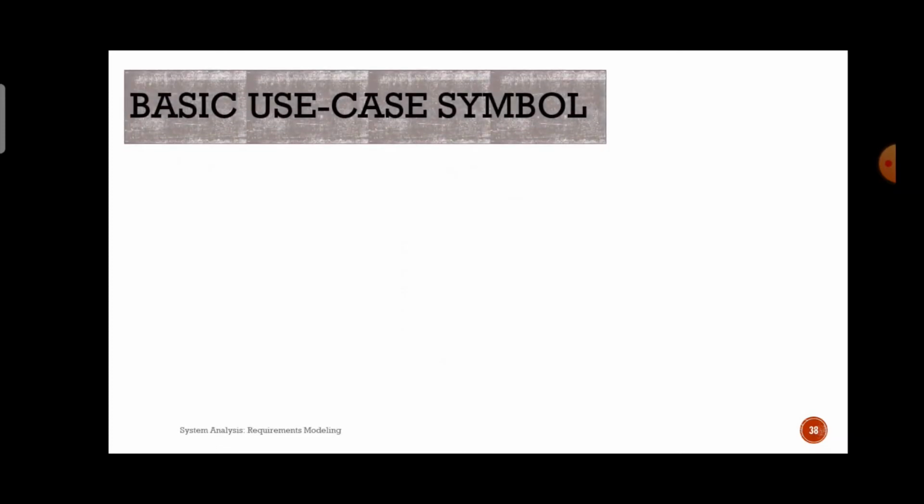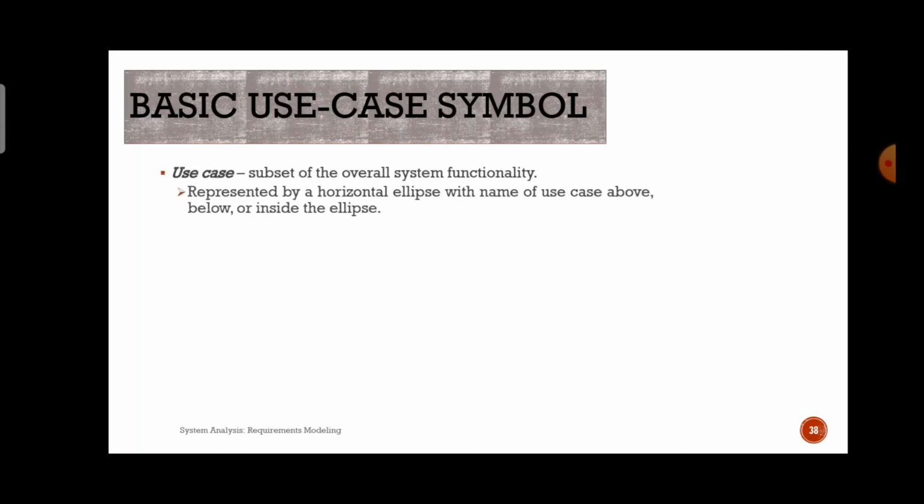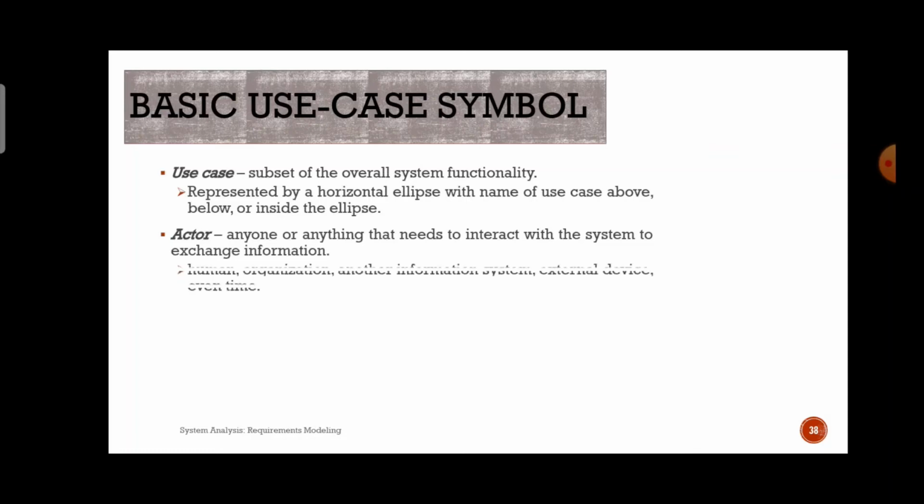So, the basic use case symbol. A use case is a subset of all overall system functionality. It is represented by a horizontal ellipse with the name of the use case above, below, or inside the ellipse. The actor is anyone or anything that needs to interact with the system to exchange information.